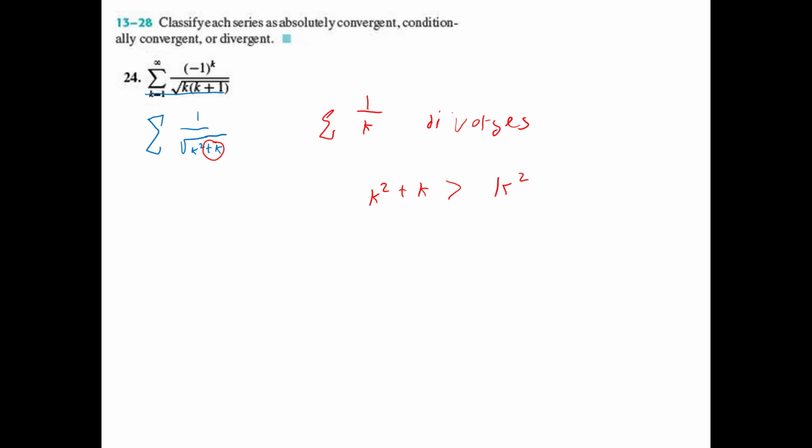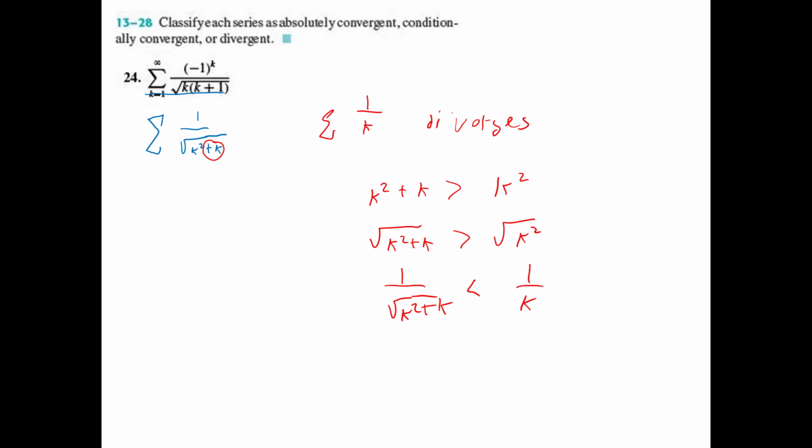When I take the square root of both sides, since the square root is an increasing function, the square root of k squared plus k is still bigger than the square root of k squared. And when I flip it, 1 over the square root of k squared plus k is less than 1 over k. That doesn't help. This one diverges; we need ours to be bigger, not smaller.